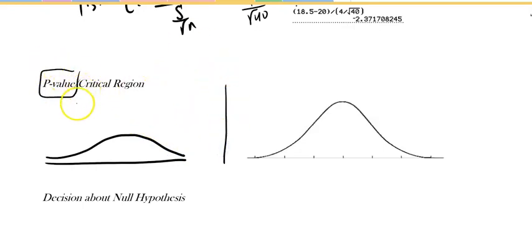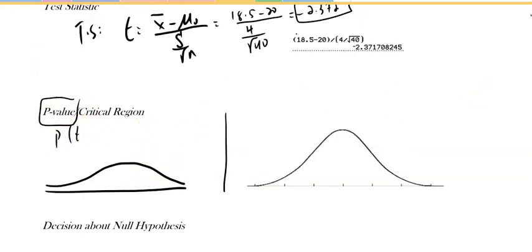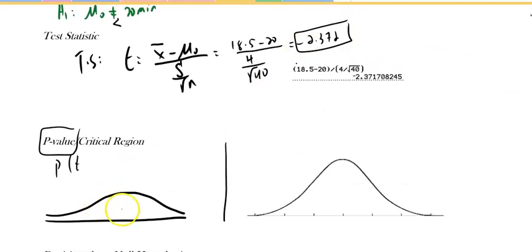The p-value, well, we're going to figure out what's the probability that t is, and again, remember, we got it to be less than. This is 0. So negative 2.372, you're trying to figure out what's the chances of that happening. Less than negative 2.372. And how do we do that? Well, we use our calculator.